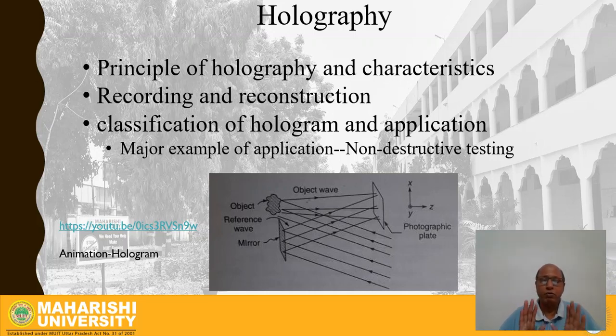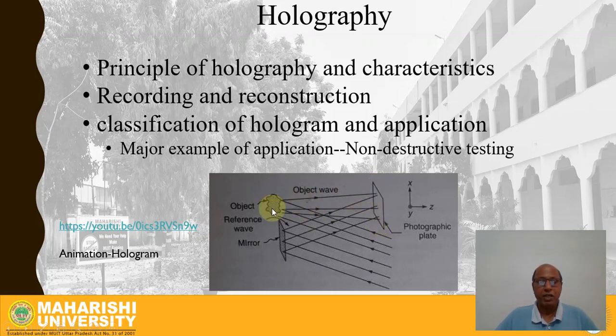But before we do anything, let's first understand the basics of how holography works. As you can see here, this is the object, and normally when you take a photograph of any object, the photograph is recorded on a plate.